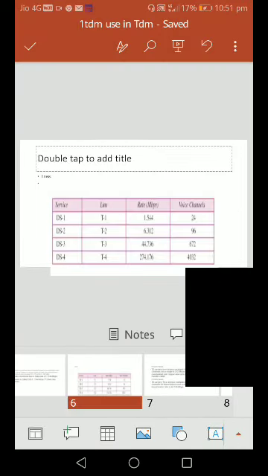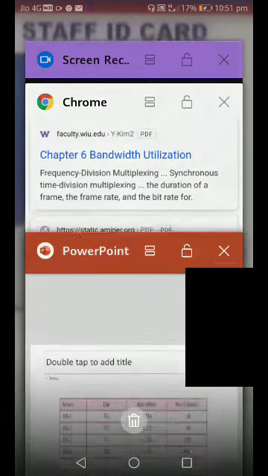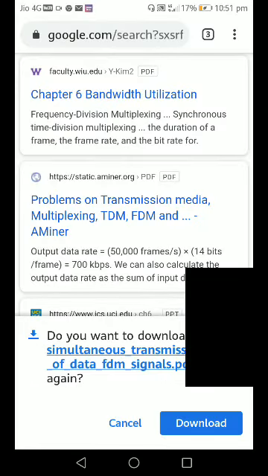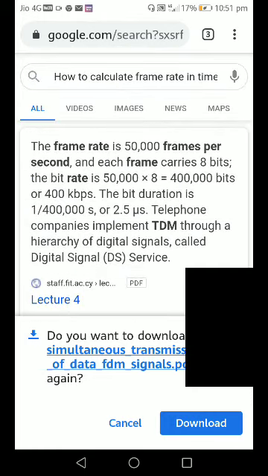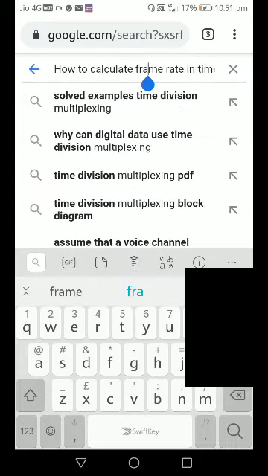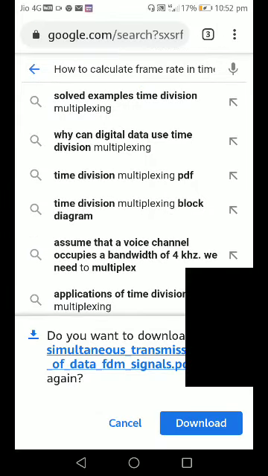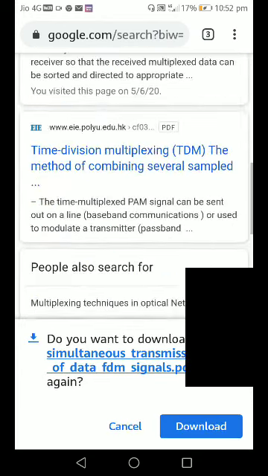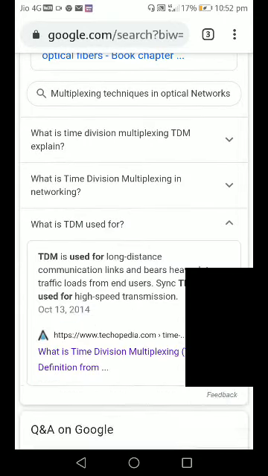In tabular form, you can also take the number of frame bits and the number of frames used in time division multiplexing.